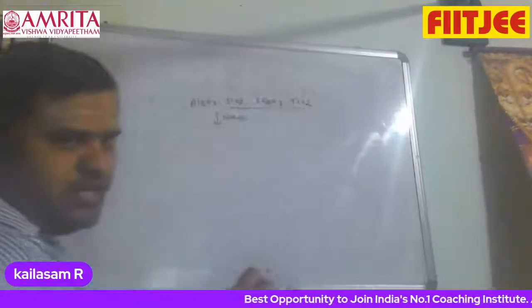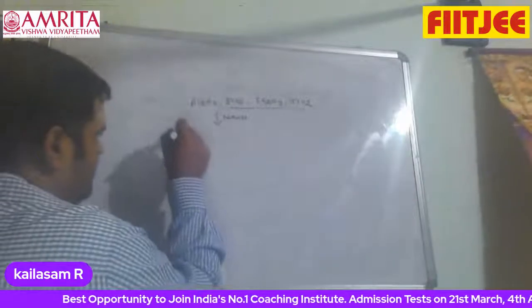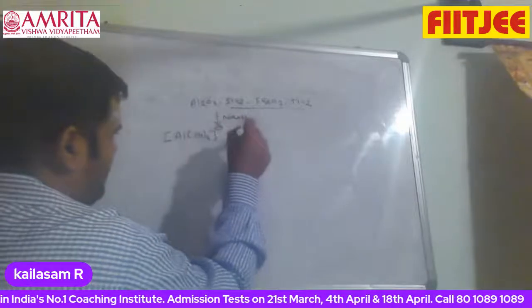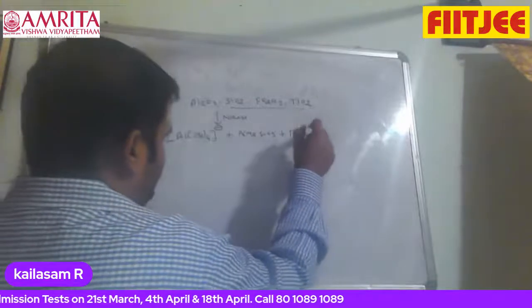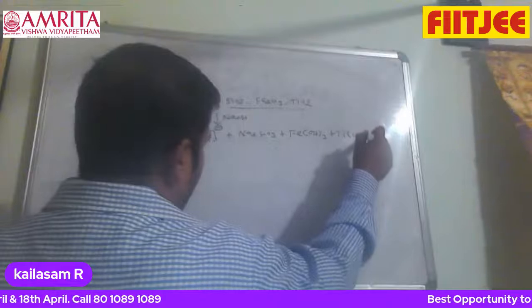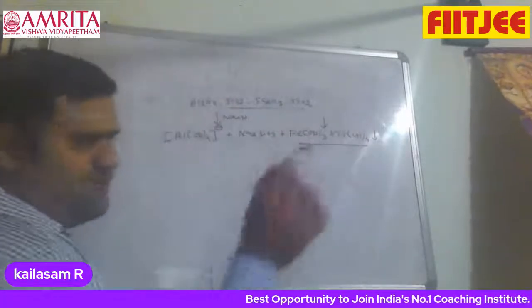When I add NaOH, Al2O3 forms a complex, [Al(OH)4]-, plus Na2SiO3, plus Fe(OH)2 and Ti(OH)4, which are precipitates. So these two are removed as precipitates.